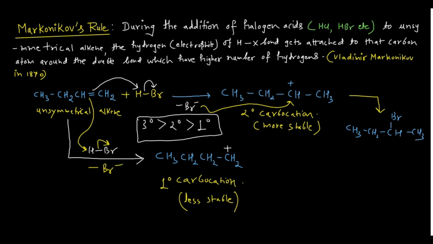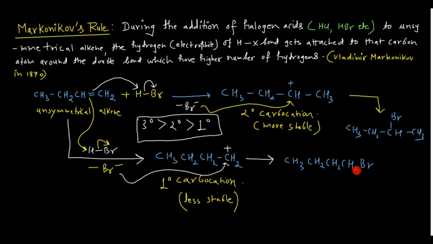And similarly, in the second case, what can happen? This Br negative can attack onto this carbon and you will have your next product, and this product would be CH3, CH2, CH2, CH2Br.